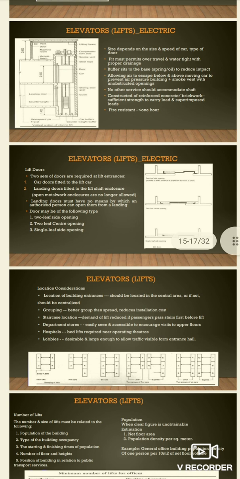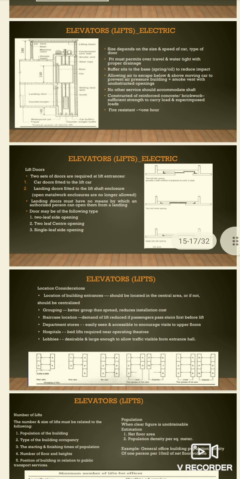lift doors. 2 sets of doors are required at lift entrances. The first one is car doors fitted to the lift car. The second is landing doors fitted to the lift shaft enclosure. Open metalwork enclosures are no longer allowed.